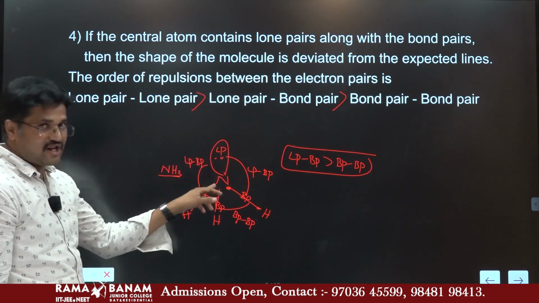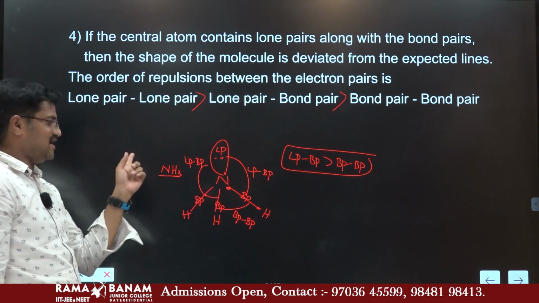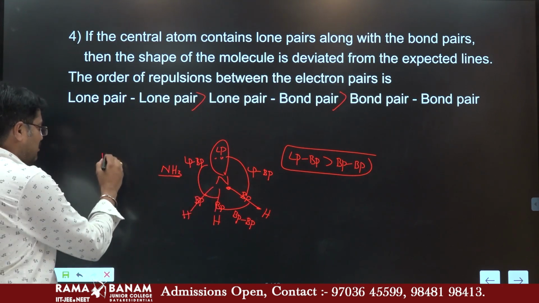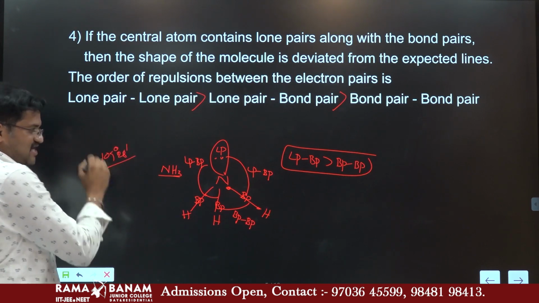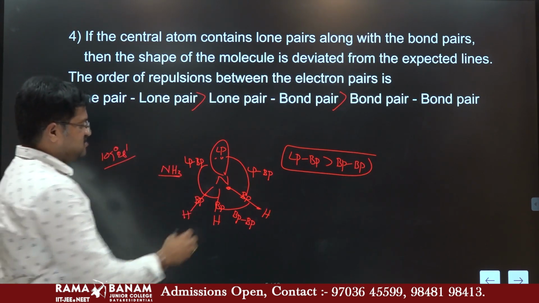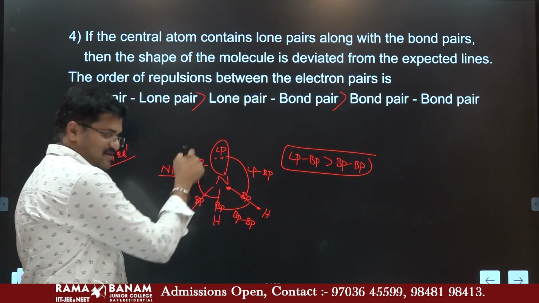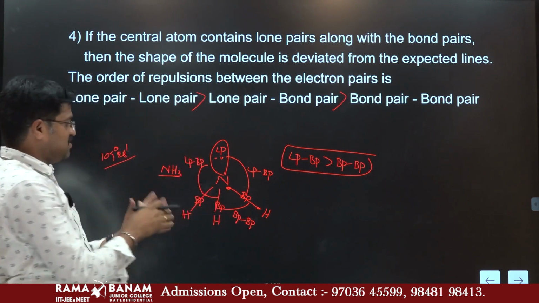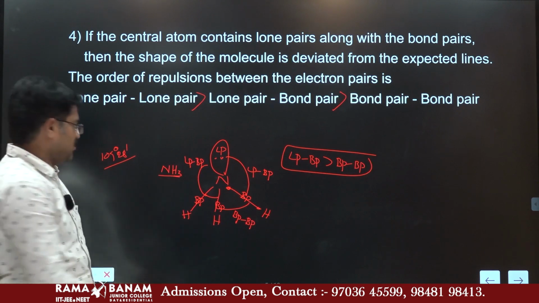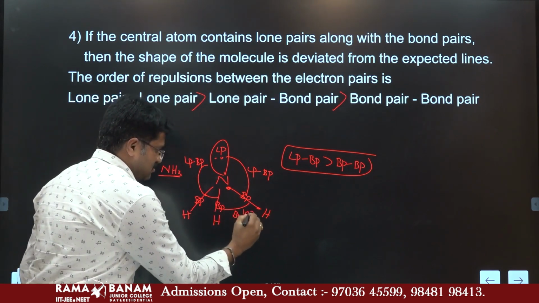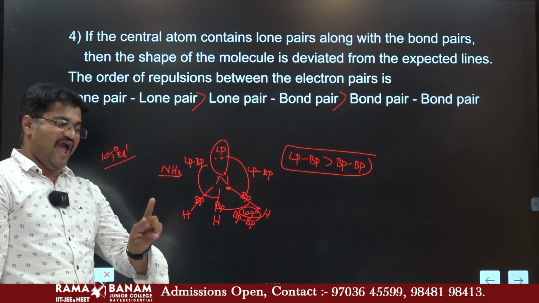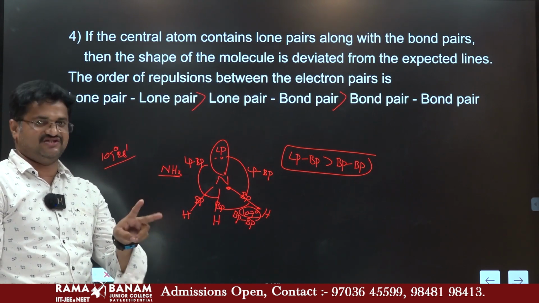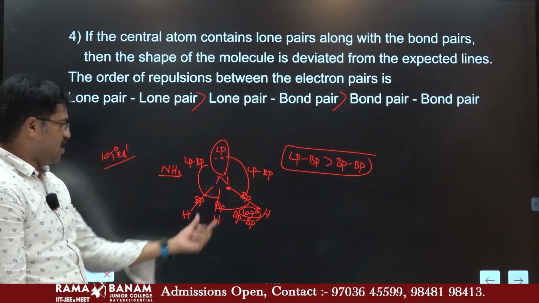The bond angle also deviates. In tetrahedral geometry, the bond angle is nearly 109 degrees 28 minutes in the case of methane, but in this case, only because of the repulsions, the bond angle deviates to near 107 degrees. Bond angle means the angle between any two bond pairs in a molecule.